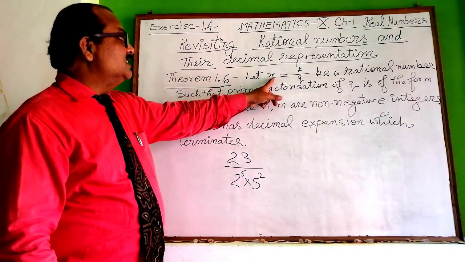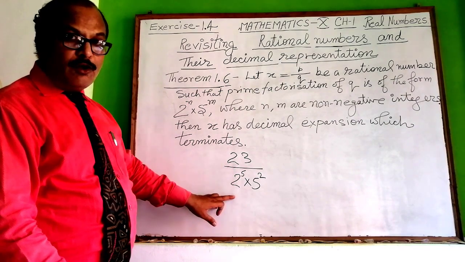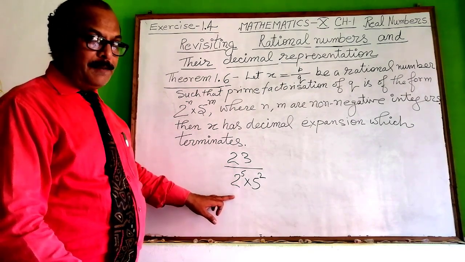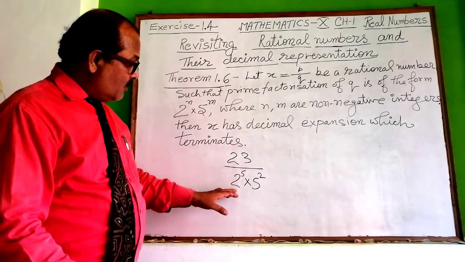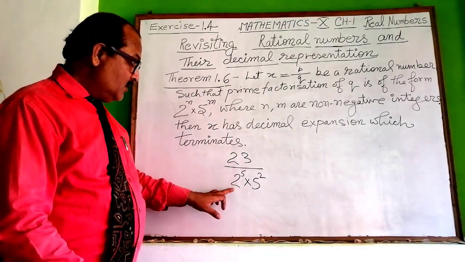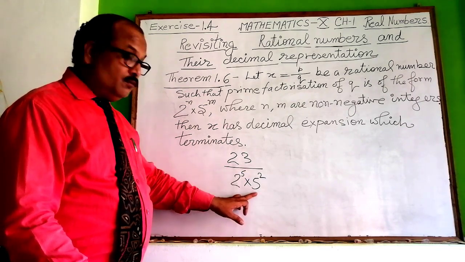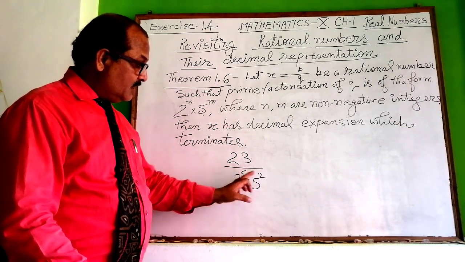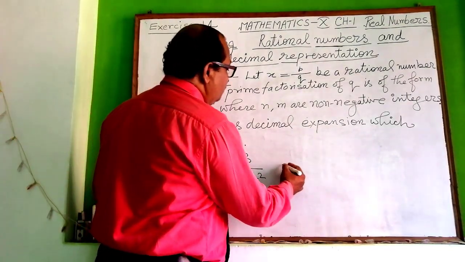So according to this, x is in the form of p upon q. You can see numerator and denominator are both co-prime. Now check the denominator. You can see the denominator is in the form of 2 raised to the power n into 5 raised to the power m. Here n and m are whole numbers. It means which type of number will this be?